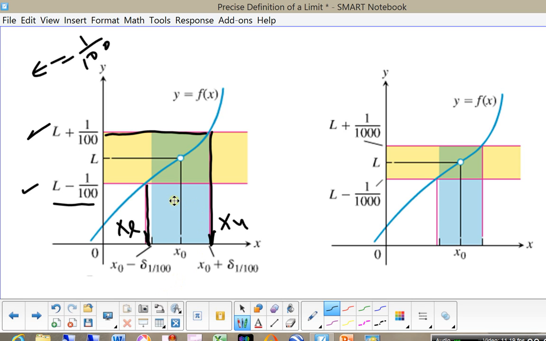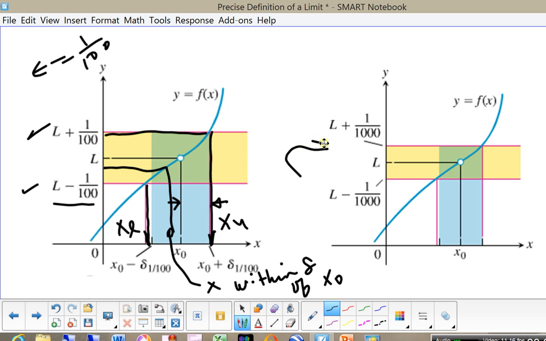And in this case, the delta would be the smaller of the intervals. And so if you pick x within delta of x naught, the value of f of x is going to be within epsilon of the limit.